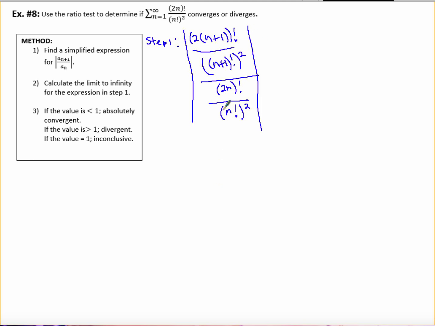Okay. Ooh. So I'm going to do my division step. So I'm going to multiply by the reciprocal.